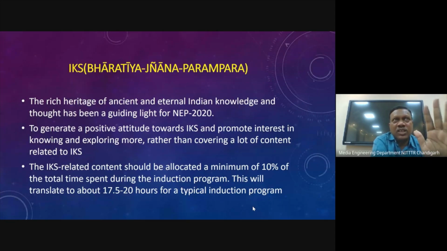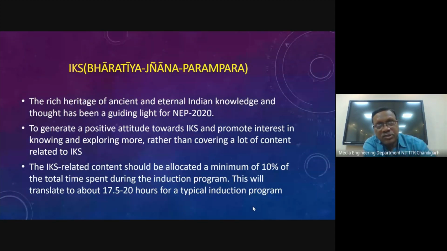The faculty should be trained on the Indian knowledge system so that they can start adapting it in their respective classrooms, so that our students get to know what this IKS is. And the training approach is that faculty members should develop a positive attitude towards the Indian knowledge system, and they should be given at least in their induction program or refresher program, which they attend in various university systems or institutes like ours, at least 17 to 20 hours on the Indian knowledge system.